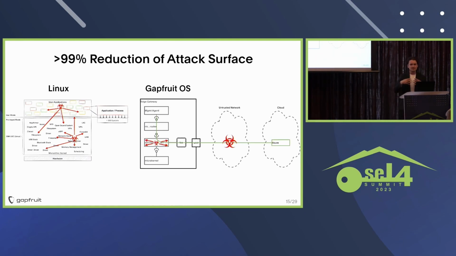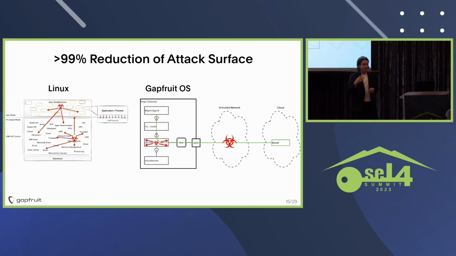So how does the same vulnerable Linux driver behave on Gapfruit OS? Since it's strongly isolated, and the guarantees are provided by the microkernel and the capability-based model limiting resource access, we can now argue that if you exploit this driver, that exploit is contained in that component.